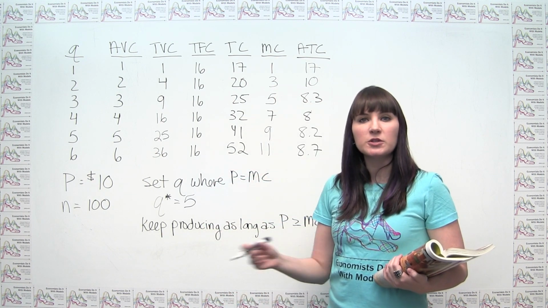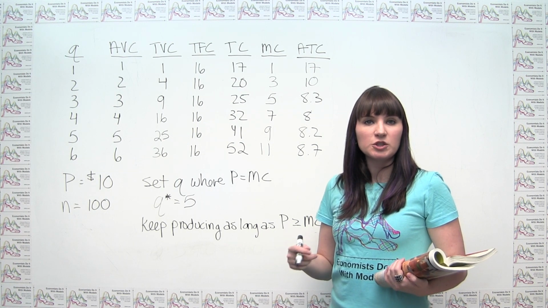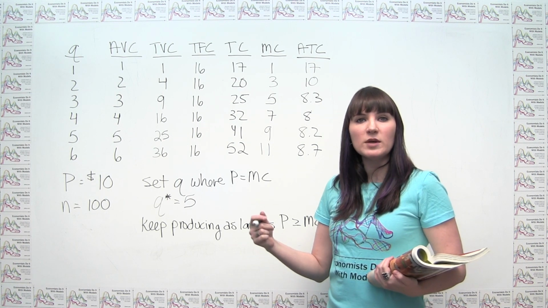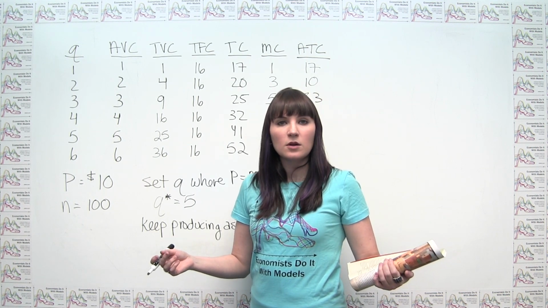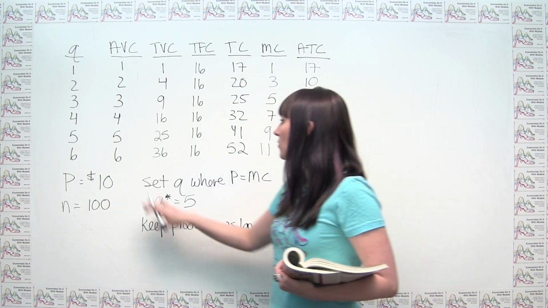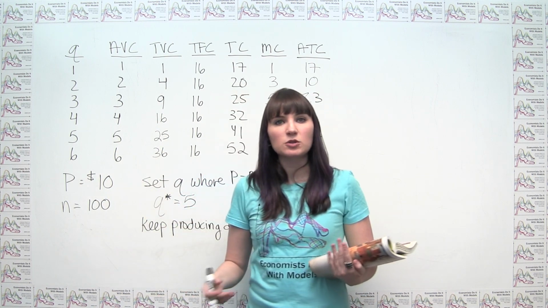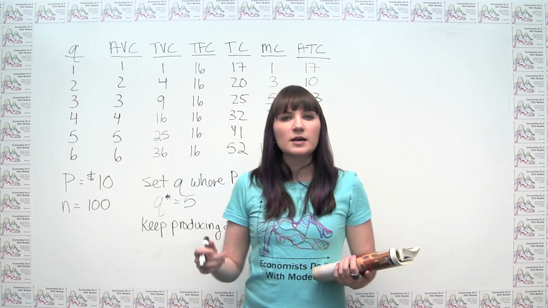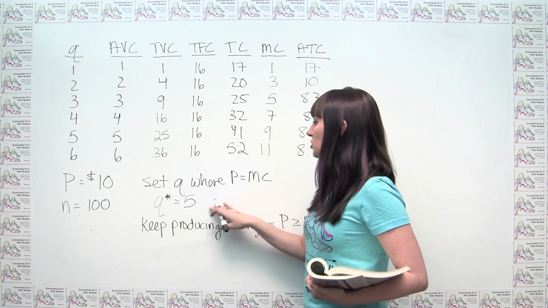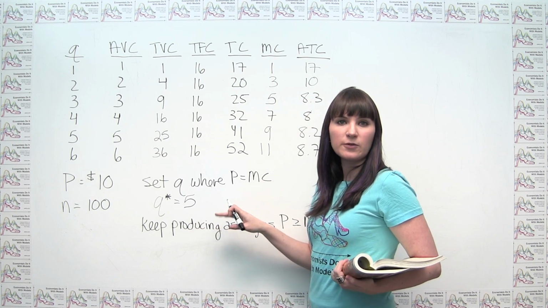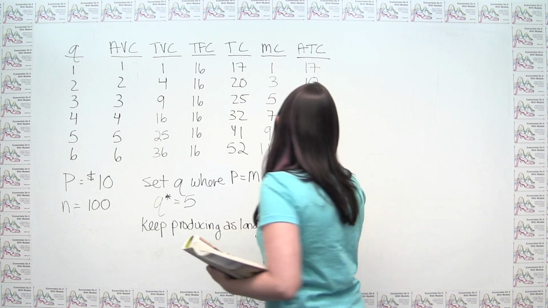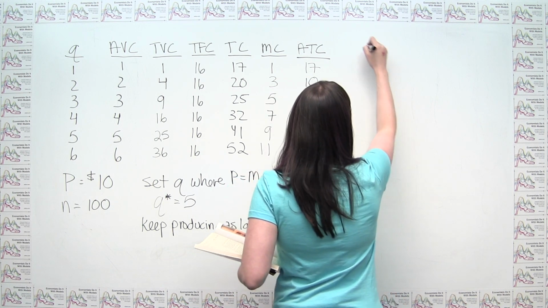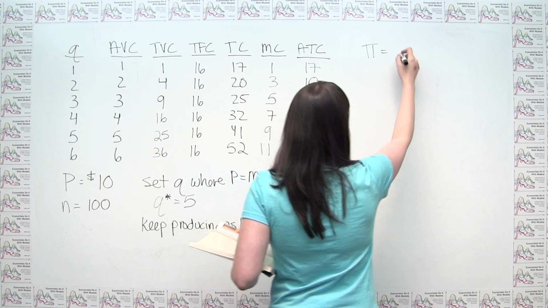And that entry and exit is actually going to change market supply, which in turn is going to change the market price. So in order to figure out what's going to happen in the transition from the short run to the long run, we need to understand whether in this short run equilibrium, each of the firms is making a positive or negative economic profit. We have a formula for profit here.